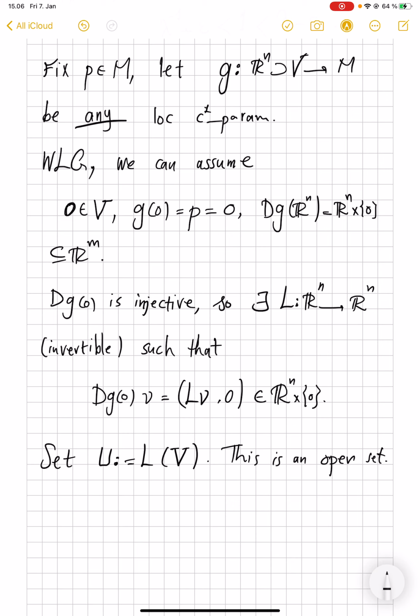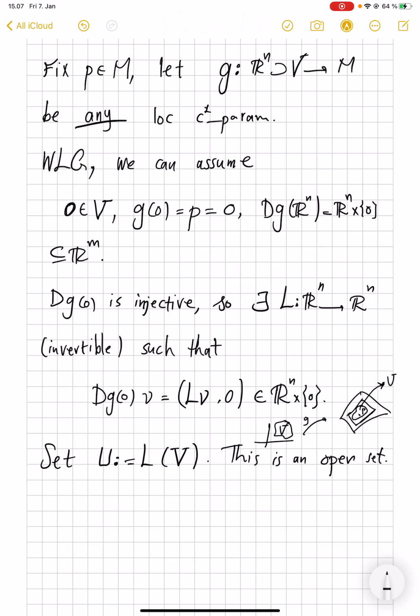And we can imagine that this is in fact living in the tangent space. So this is really, you start with M at P, and then there was this V region in the map G. We found the L, the invertible map, which is basically just the derivative of G at 0. And U now is some open set living in this.